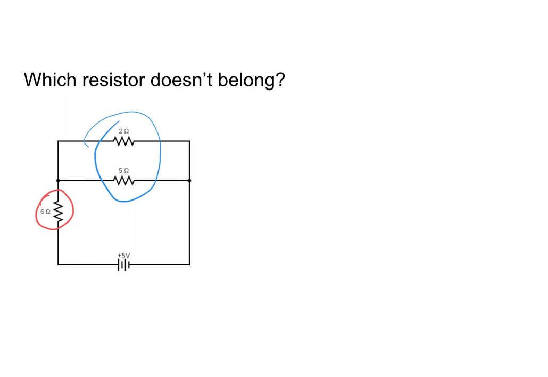My 2 ohm and 5 ohm resistors are in parallel, so I'm going to use my parallel circuit equation to figure out their equivalent resistance. What I'm going to get is that 1 over REQ is equal to 1 over 2 plus 1 over 5.